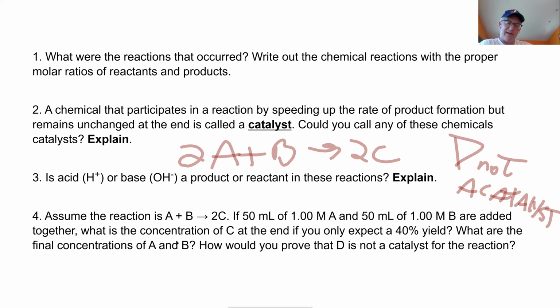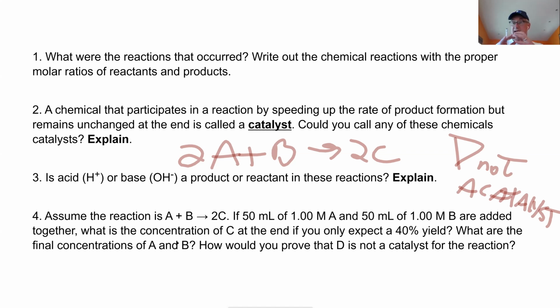So nothing changes when you add D. What do you mean by nothing? Like my hair color doesn't change? Does not react faster. Right. So basically, the reaction can still occur if I take D away.